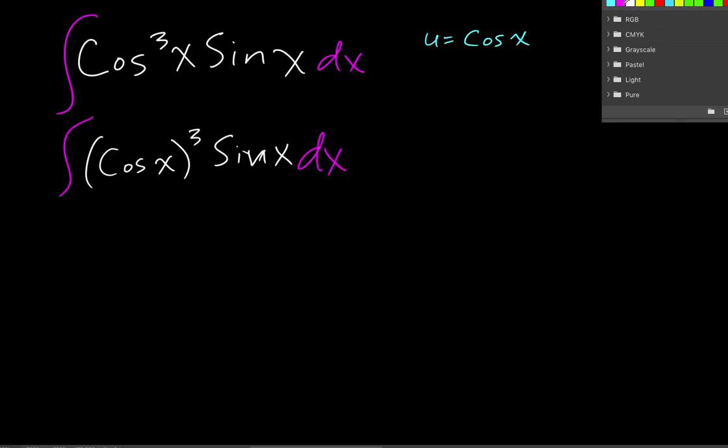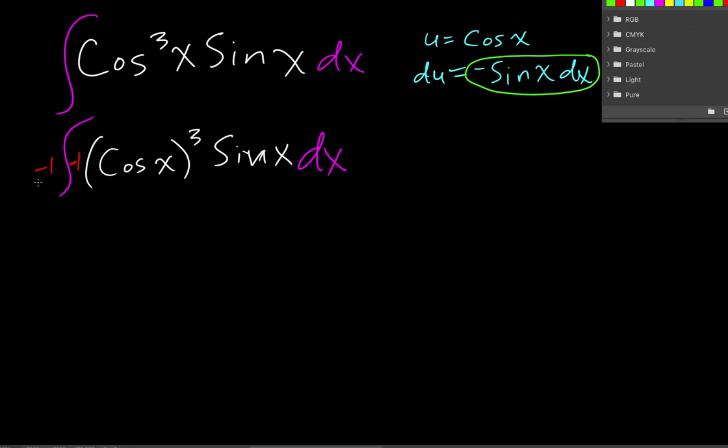Okay, so back to this. If I take the derivative of that, then that's going to be negative sine x dx. And so I need to find these pieces. Now I don't quite have those pieces, so what I'm going to do is put a -1 here and a -1 here.